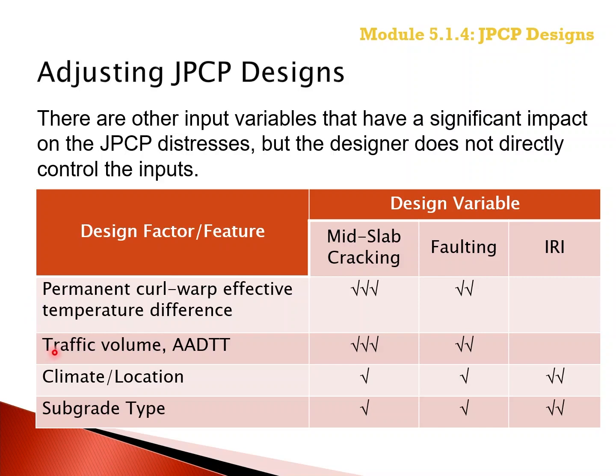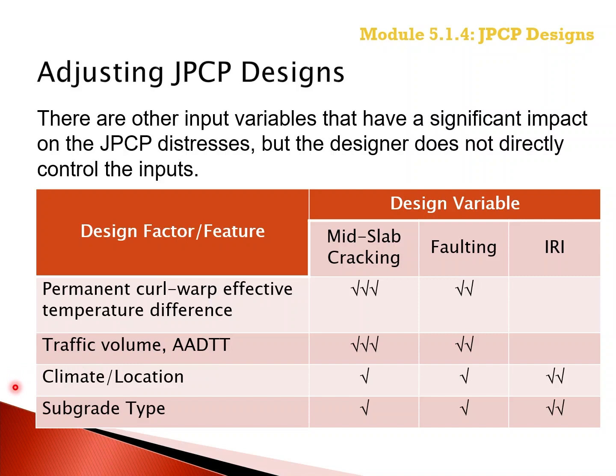Traffic volume is not controllable by the designer unless the designer is adding more lanes to the project. However, traffic volume has a significant impact on mid-slab cracking, as well as a moderate to significant impact on faulting. Climate and/or location has an impact on mid-slab cracking and faulting, but a much larger impact on IRI because of the site variables related to climate.